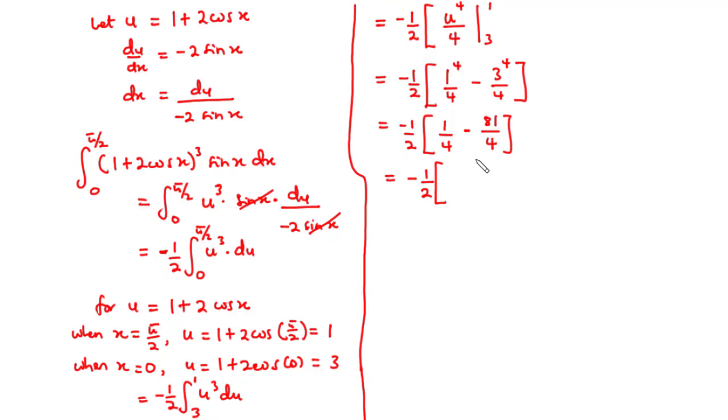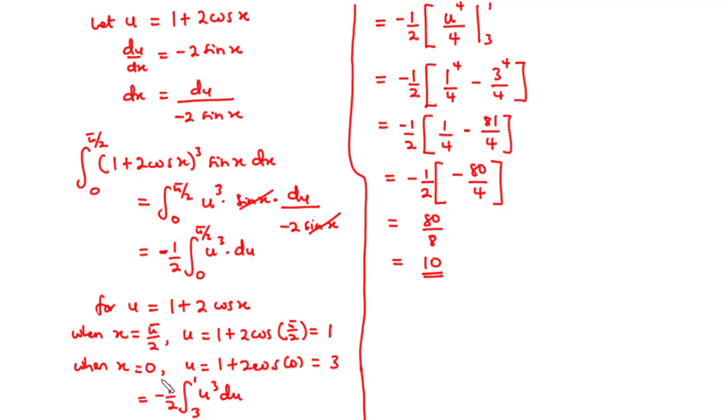So 1 minus 81 is negative 80, so negative 80 over 4. Now let's multiply across. Negative times negative become positive. 1 times 80 is 80. 2 times 4 is 8. And then 80 divided by 8 is 10. Therefore, we have our final answer to be equal to 10.